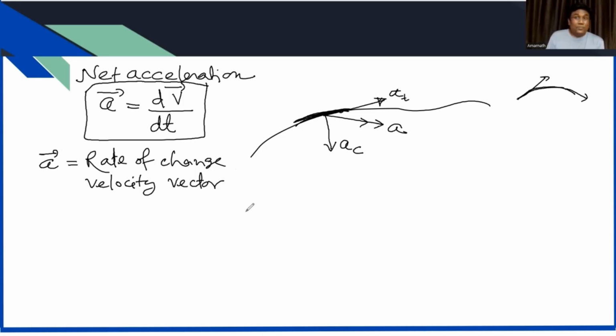Now, acceleration is of two types. Number one is called tangential acceleration.